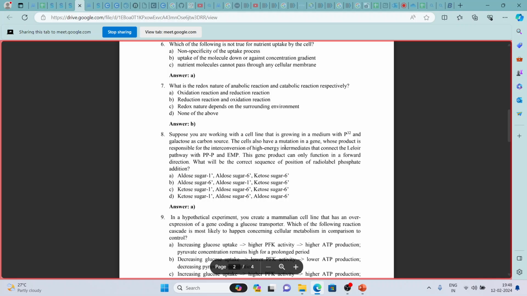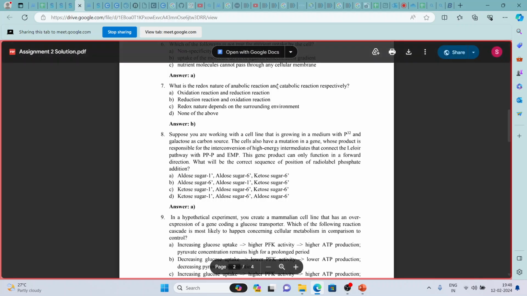When aldehydes or ketones are oxidized, they get converted into acids, pyruvate for instance. So catabolic reactions are oxidation reactions. In both cases, we observe the involvement of redox cofactors. Since catabolic reaction is involved with oxidation, we can go with option B.